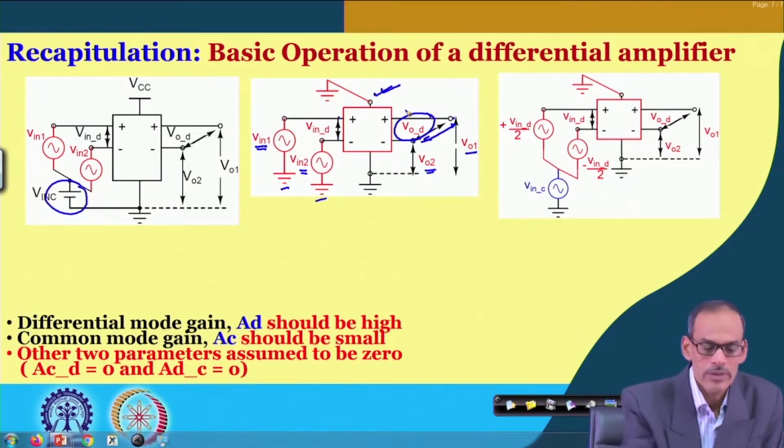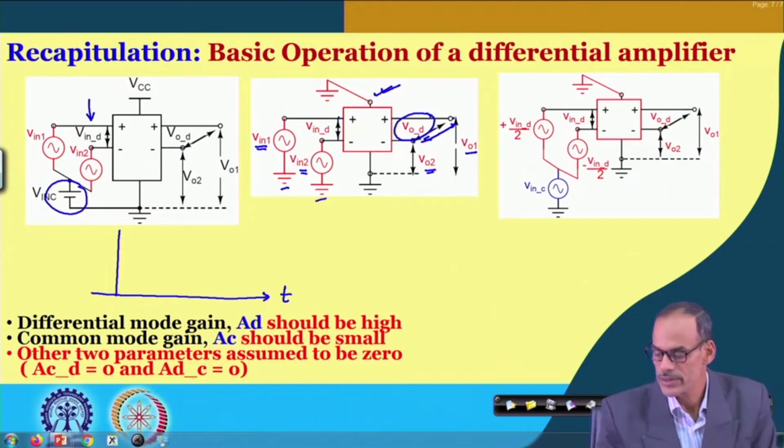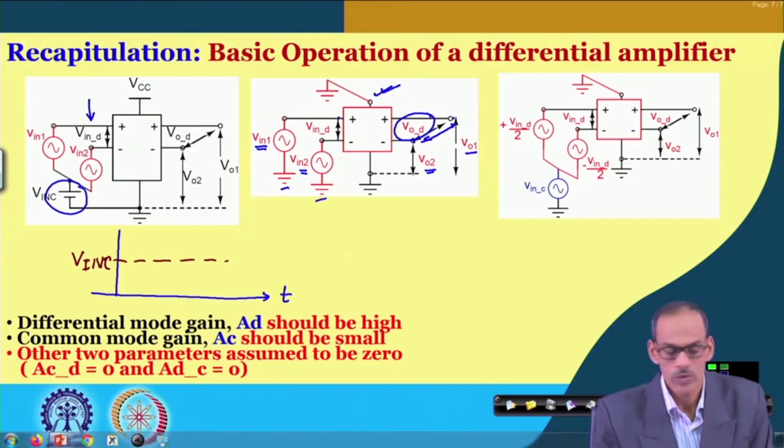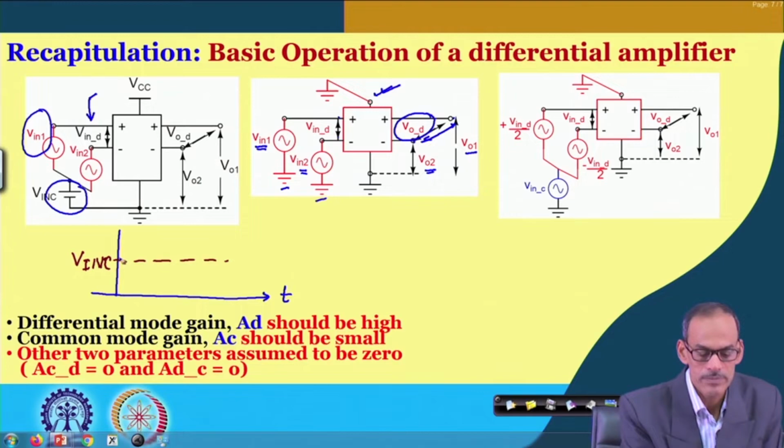If you see the voltage at this point with respect to time, it may have a DC voltage, which is V INC, and on top of that we have this signal V in 1. Let us consider this as one signal.